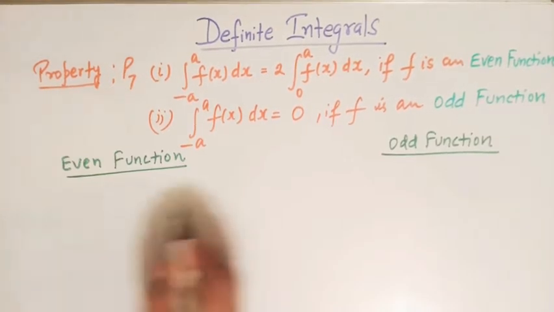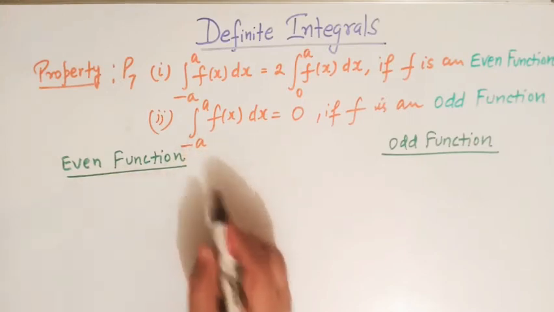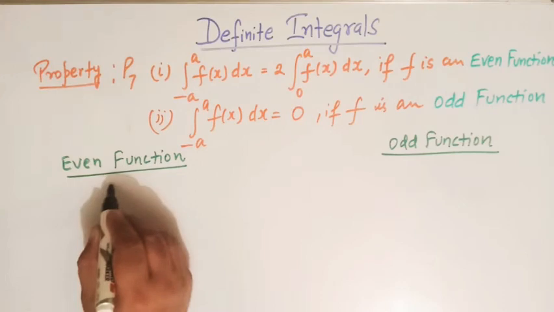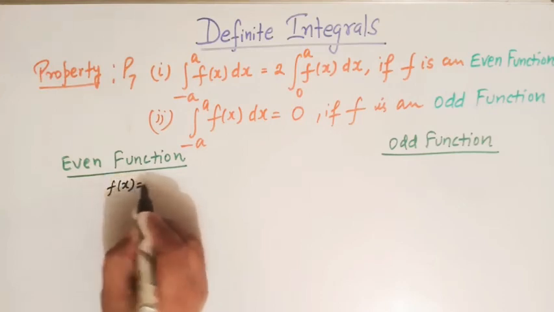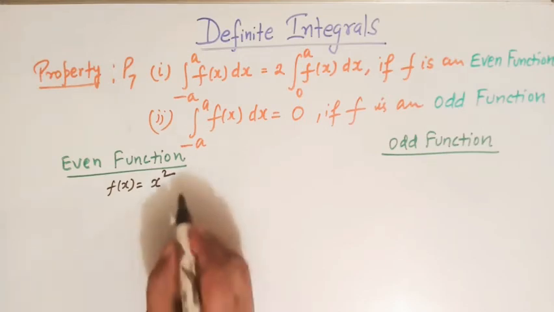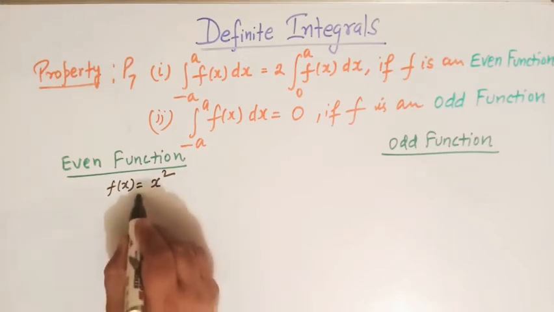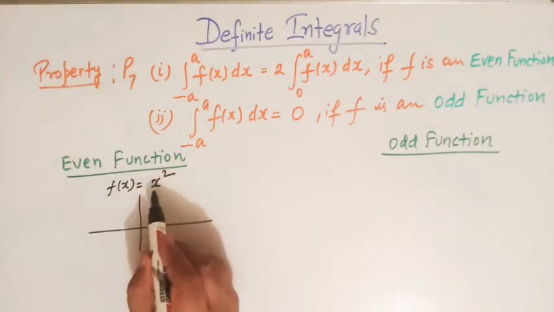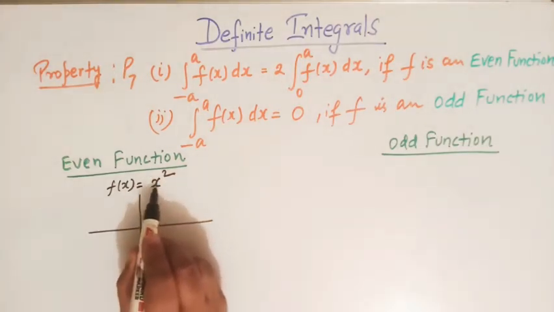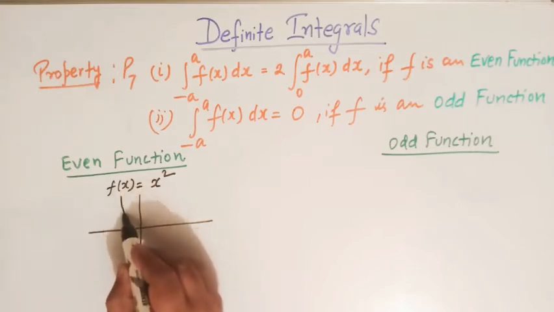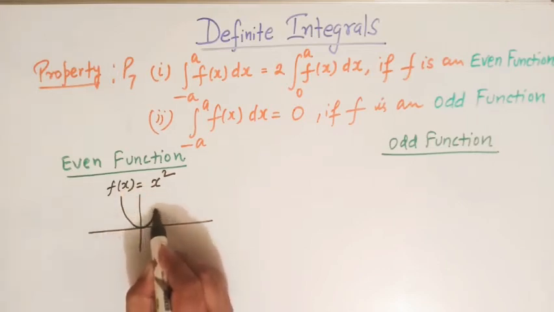Now viewers, let us take the graph of even function and odd function. Suppose we have a function, say f of x is equal to x square. This is known as the parabolic function, the quadratic function, and its graph is like this, right?